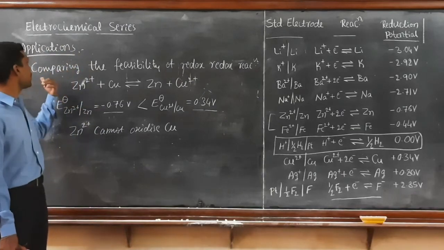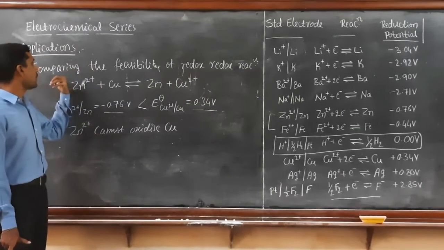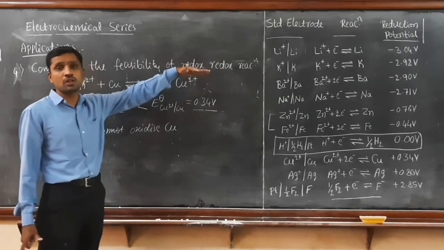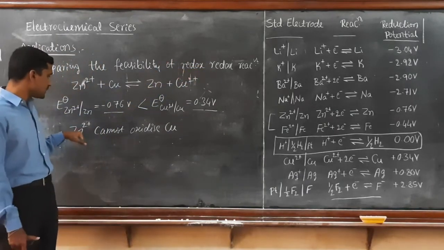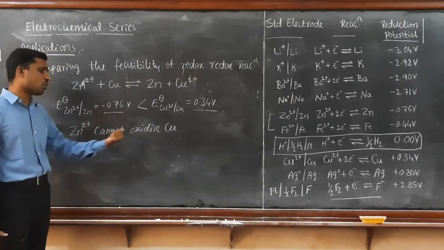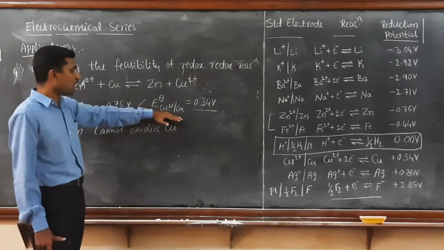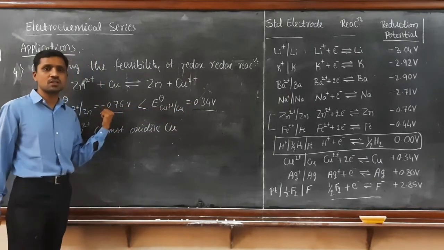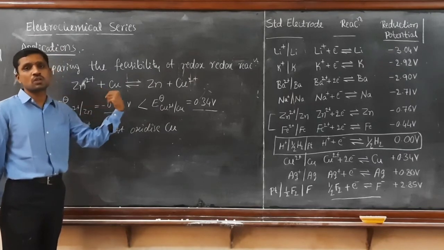And the last application is comparing the feasibility of a redox reaction, whether the reaction is spontaneous or not, meaning whether zinc will oxidize copper or not. Zinc will not oxidize copper because the reduction value of the copper electrode is high compared to zinc.